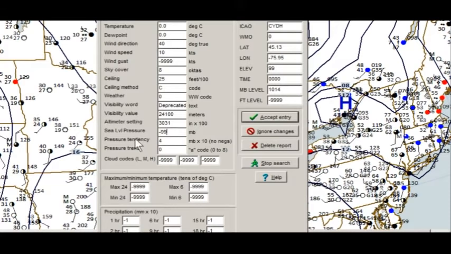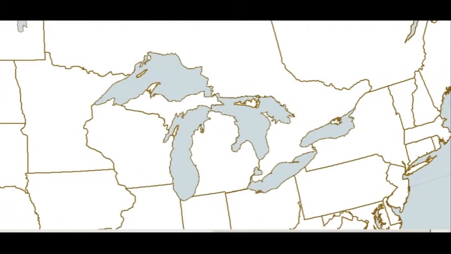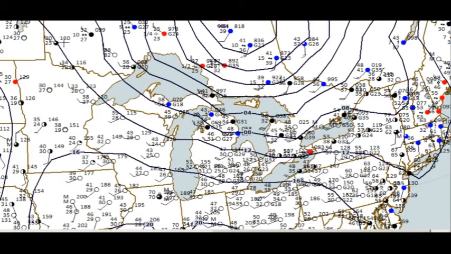That's the bad pressure data that's causing this high. Okay. That looks good. 1008, 1009. Everything in here should be between 1,000 and... Okay, now you're going to see that high pressure go away here. So that's another advantage. You can fix problems in the data, and you can't do that with online sources.